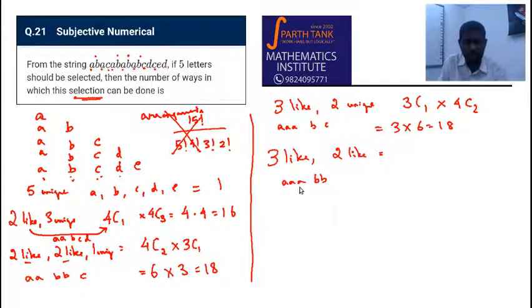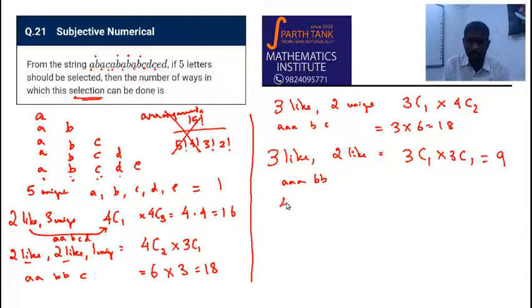So to choose the triple, I can choose A or B or C. So that is 3C1. And then to choose two like terms, imagine I have chosen already one of these three, so two like terms can be chosen from A, B, C or D, but one is already gone. So I have to choose those two from the other three. That gives me another 3C1. So this is 9.